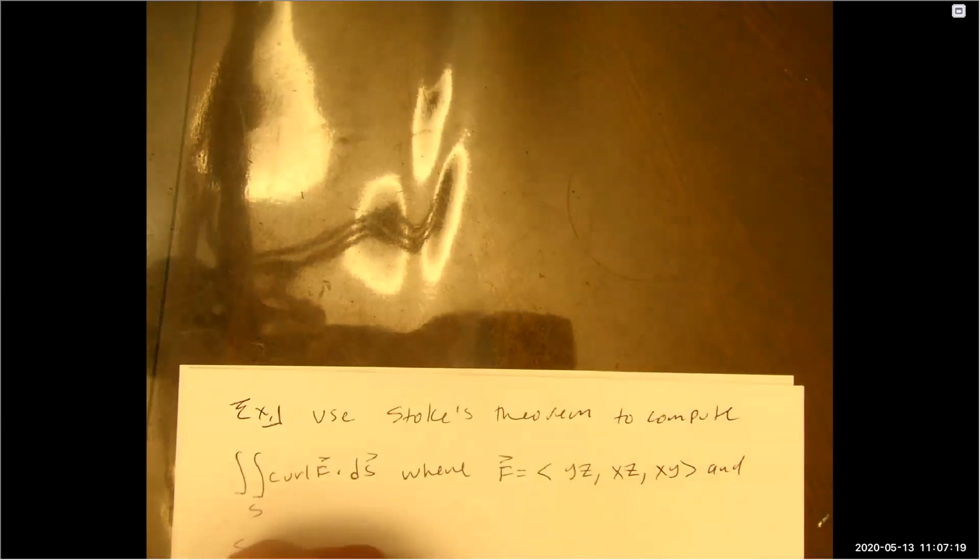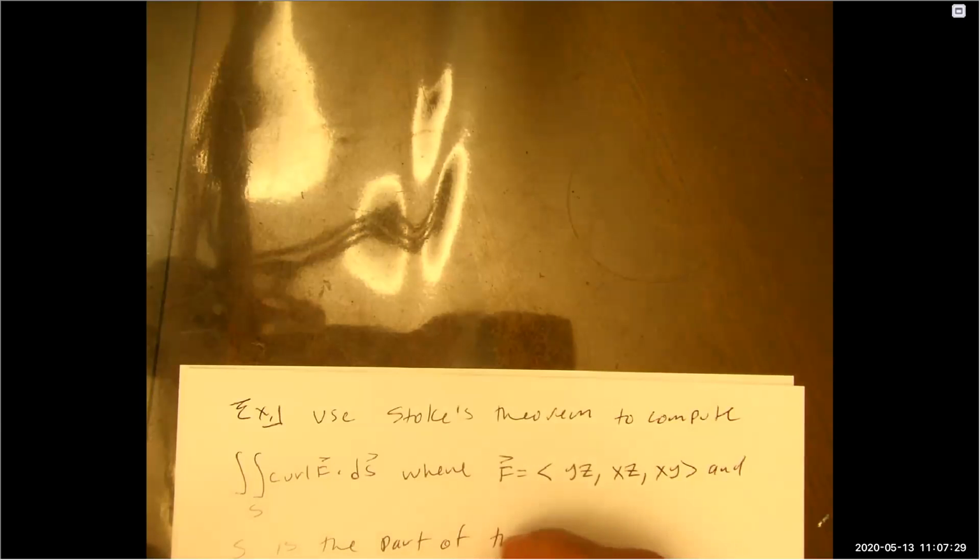And S is the part of the sphere X squared plus Y squared plus Z squared equals 4 that lies inside the cylinder X squared plus Y squared equals 1, and above the XY plane.